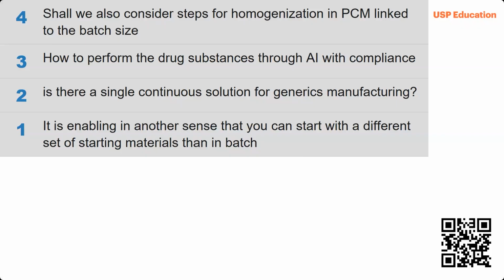How to perform the drug substance through AI with compliance? Oh, I think that's still new. There are a lot of efforts going on for using AI on the laboratory scale. You can see many publications wherein self-optimization of reactions has been happening.